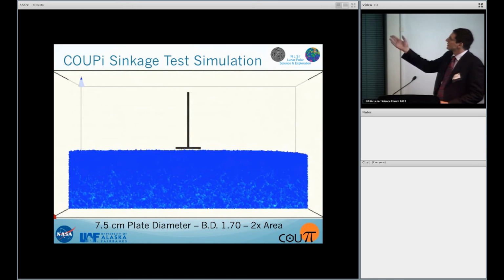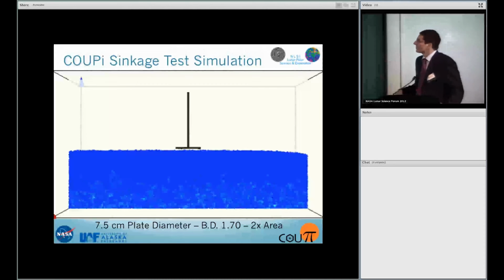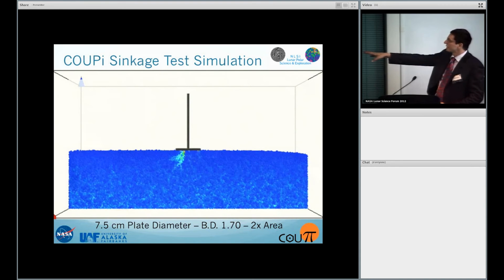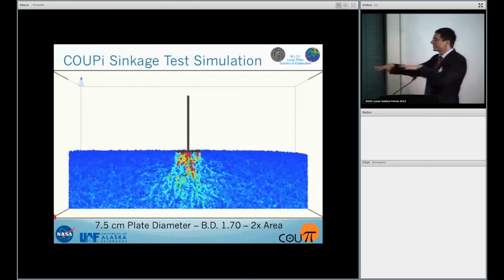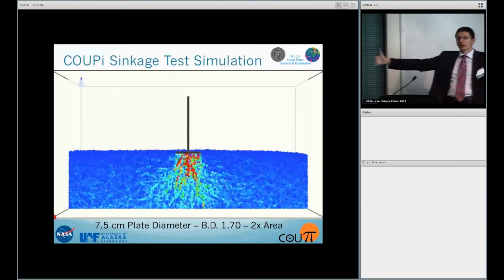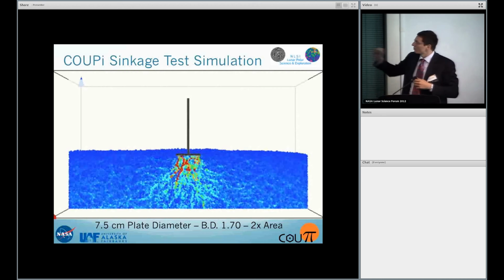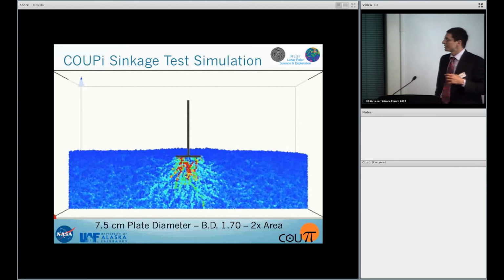This is a sinkage test simulation, and let me run it. So you can see the force chain. This is just a slice of a 3D simulation. There is a big domain filled with the particles that I mentioned above, and you can see the force chain that formed during the sinkage test here.